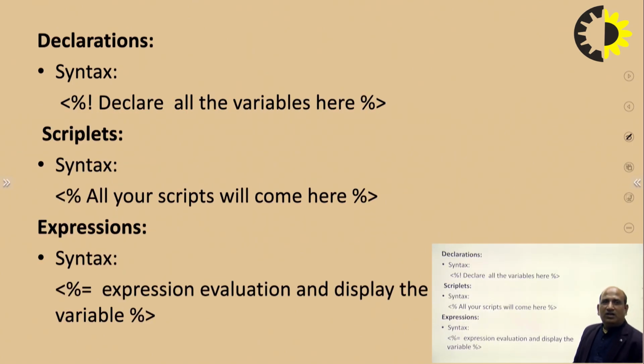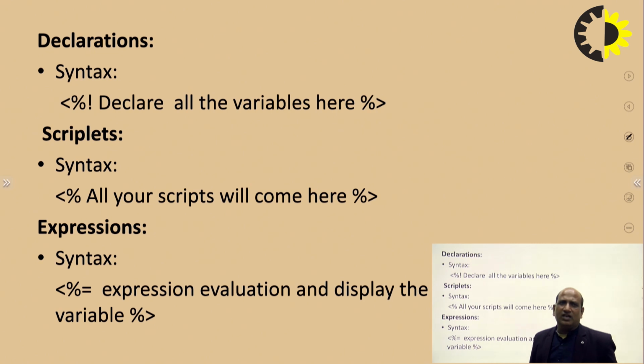So now move on to the declaration tag, scriptlet tag, and expression tag. These three tags are collectively called scripting tags also. Especially declaration tag and scriptlet tag are used to write the programming language, because JSP is a scripting language.